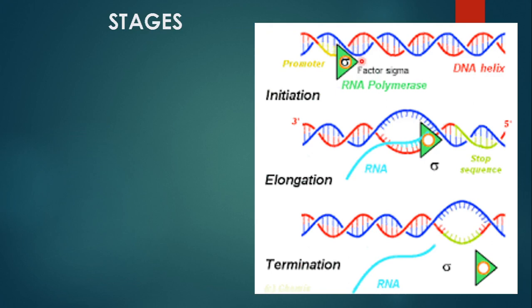As it proceeds, the DNA opens up, as we can see here. So this is the first step, the binding of the polymerase with the sigma factor.